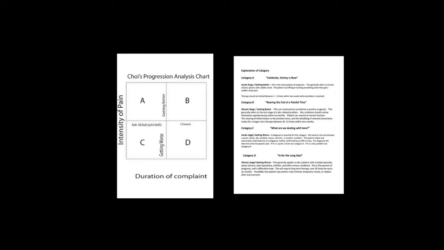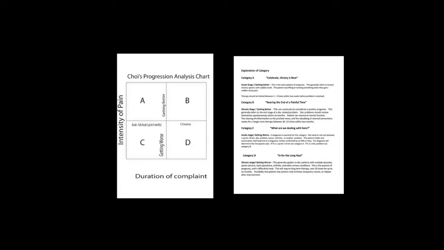Now, this chart pertains to muscular tendon pain complaints, with some other things like degenerative disc diseases and so forth. But for muscle tendon pain complaints, this is the Choi progression analysis chart. The first thing you'll see is on the horizontal line, it's duration of complaint.